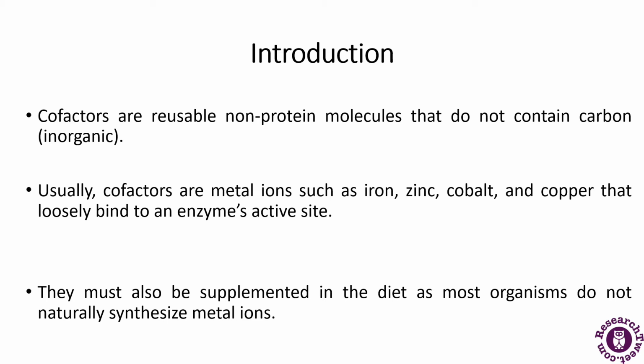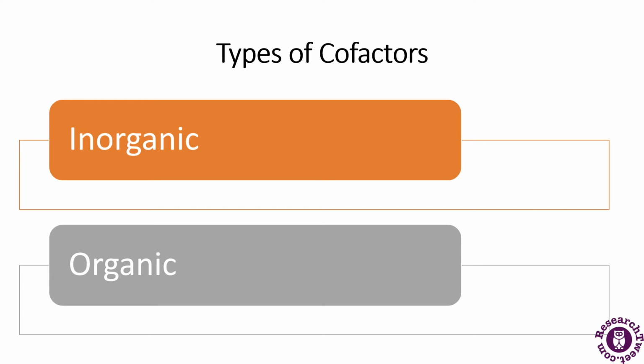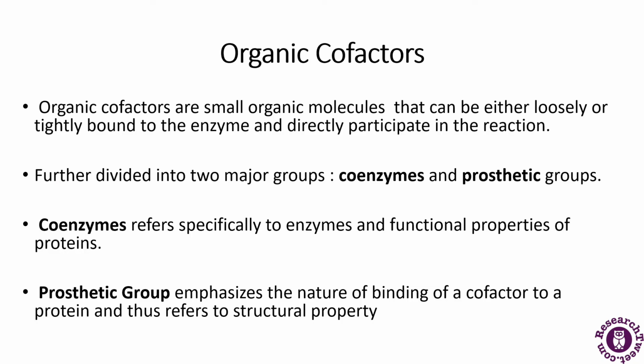If we talk about cofactors, they have been divided into two categories, that is the inorganic ions and the organic molecules. These are the two categories of the cofactors. Now we will be discussing both of these in detail. First we will discuss the organic cofactors.